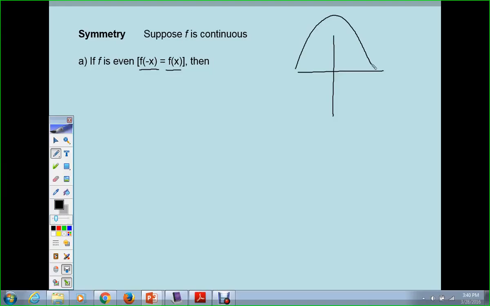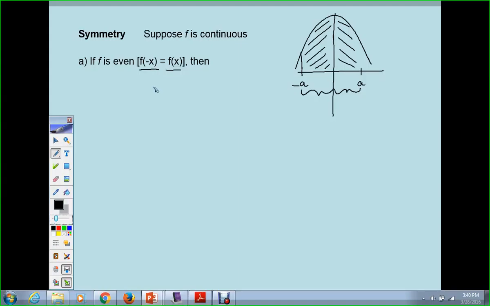Now, if I want to find the area under the curve, and we know this is symmetrical, and I'm going from negative a, which means this distance, to a, to this distance, those distances are the same from the y-axis, wouldn't they have the same area? Wouldn't the area from negative a to 0 be the same as the area from 0 to a?